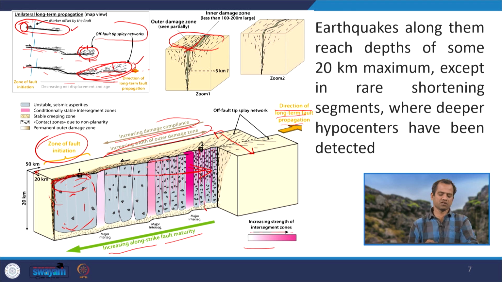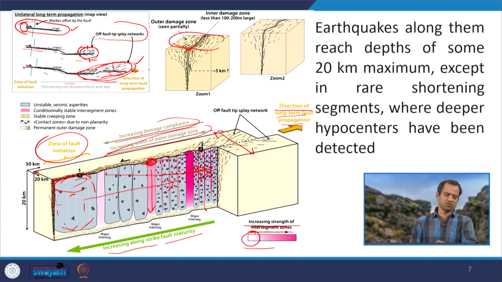Here we have an intersegment zone, that means two fault sections that are overlapping in nature. Here one segment is showing a rotational deformation regime, and if you move downward, there is decreasing damage and decreasing strength. Similarly, moving in this way, the strength of the intersegment zone increases.